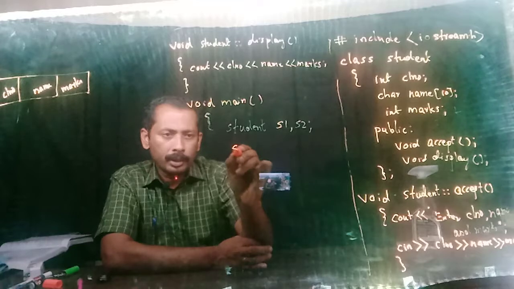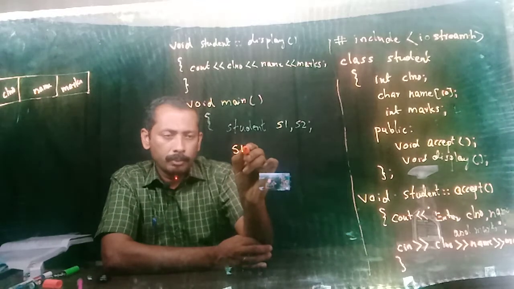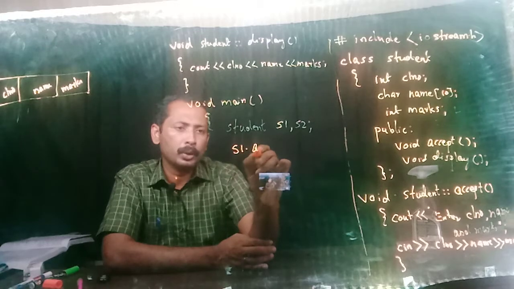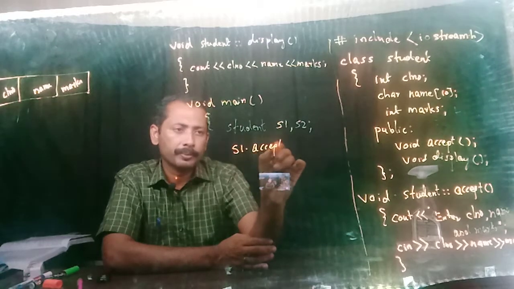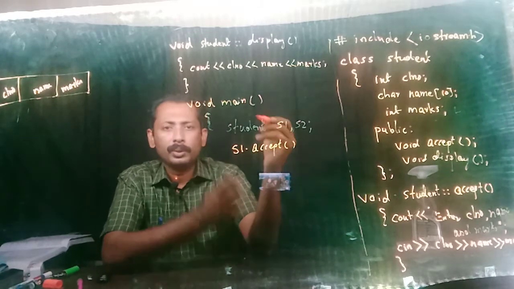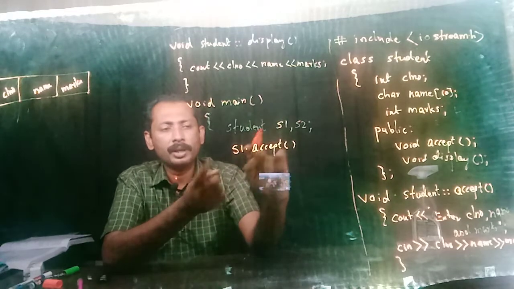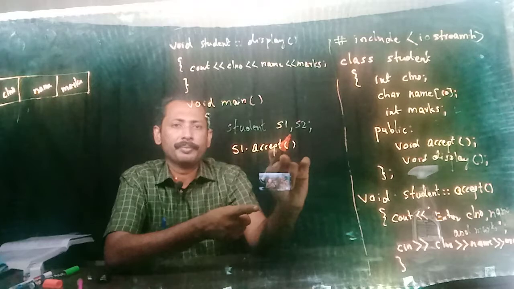Then I am calling the function accept using S1 dot accept. So the object S1 is calling its function accept.